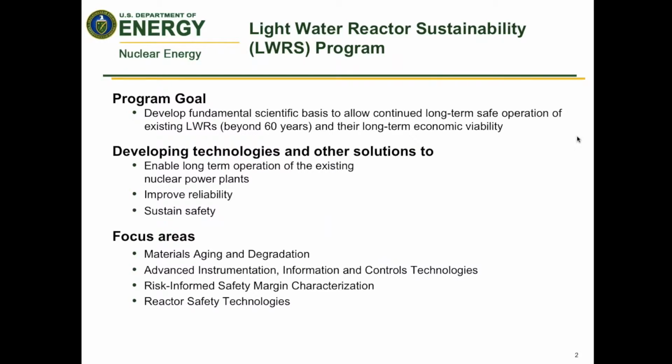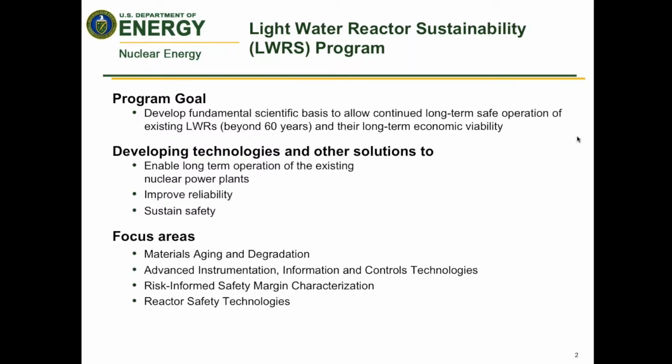The goals of the Light Water Reactor Sustainability Program are to support the long-term, safe, and efficient operation of our existing nuclear power plants. We do that by dividing the program into 4 areas. The first area, it's about half the program, is the materials aging and degradation pathway.